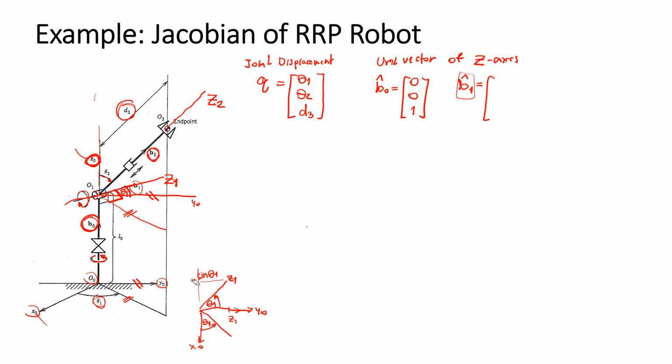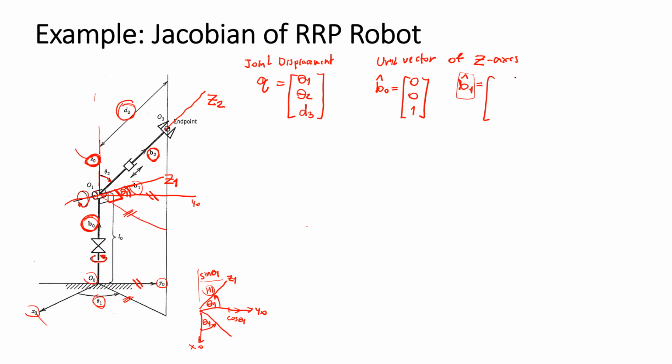The unit vector has a magnitude of 1, and the direction changed by theta 1, and the component here with the magnitude of 1 will be sine theta 1, and this one will be cosine theta 1.